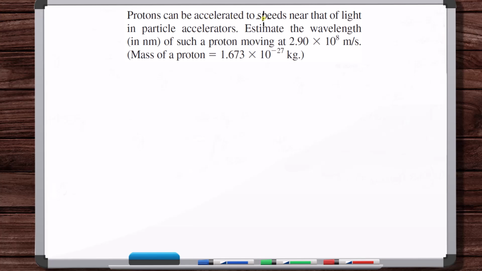Protons can be accelerated to speeds near that of light in particle accelerators. Estimate the wavelength in nanometers of such a proton moving at 2.9 times 10 to the 8th meters per second. Okay, so once again, the wavelength is Planck's constant over the mass times u.